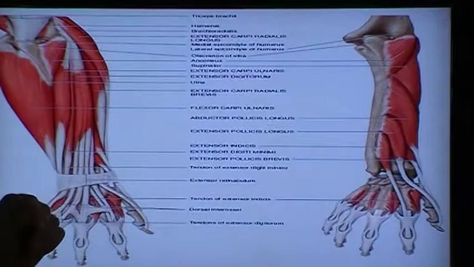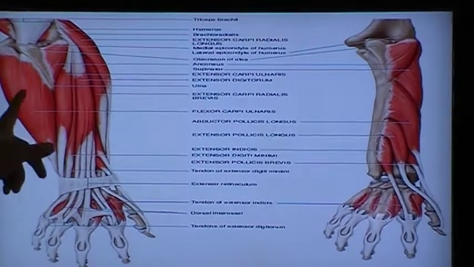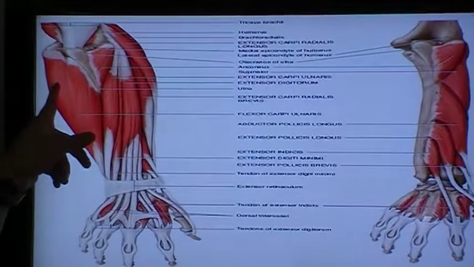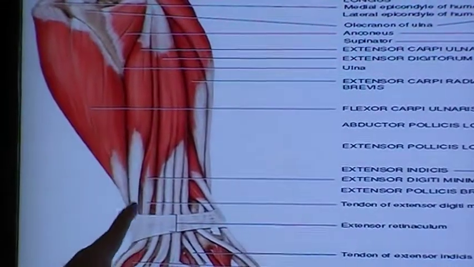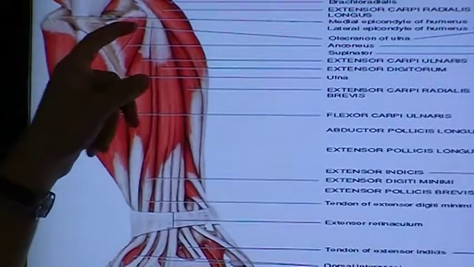Now, before I begin with the first muscle, we have this muscle here. It's attaching to the carpal bone, which is anterior. This muscle is called flexor carpi ulnaris, as you can check. And we have another muscle.